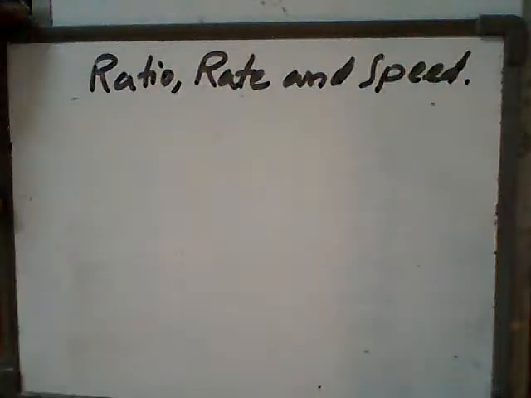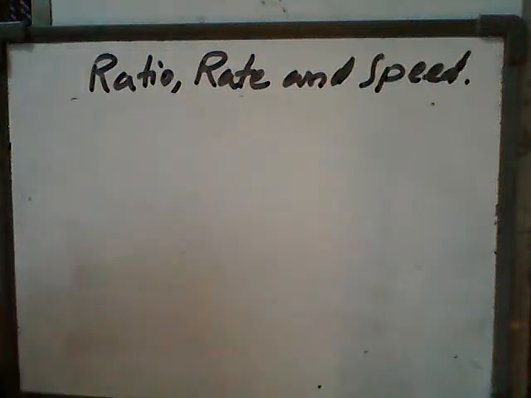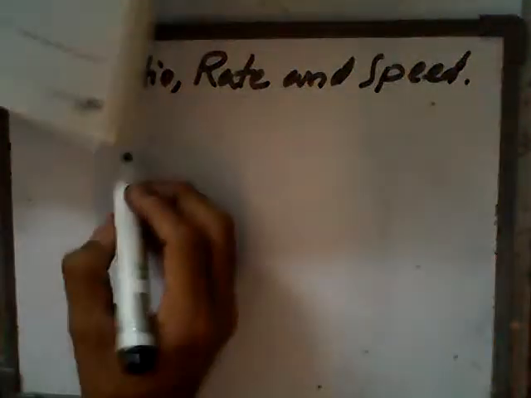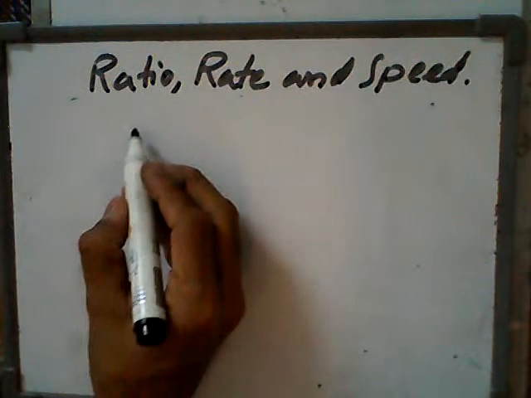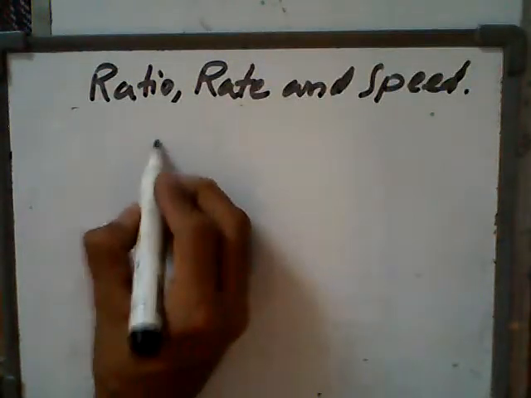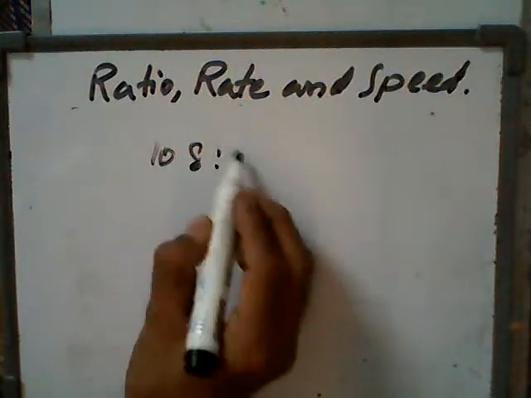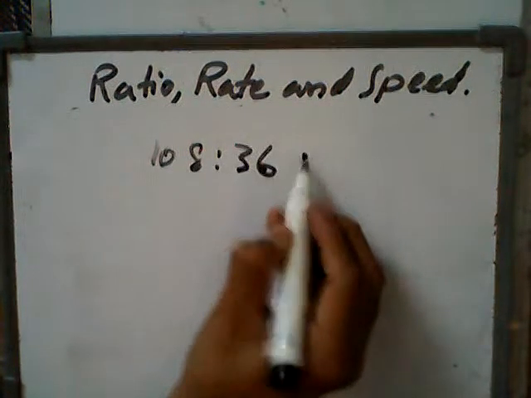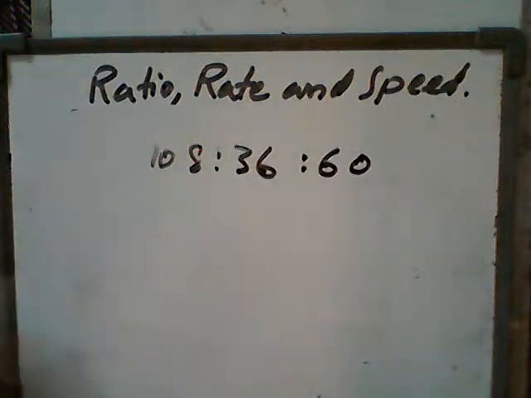If we have numbers like, for example, 108, 36, and 60. So there are three numbers. We need to see whether all these three are divisible by the same number.